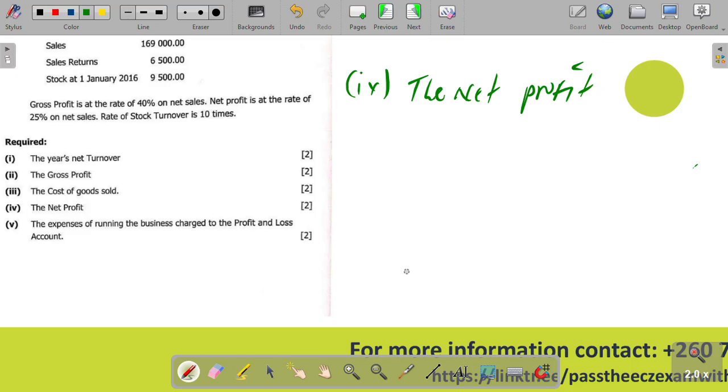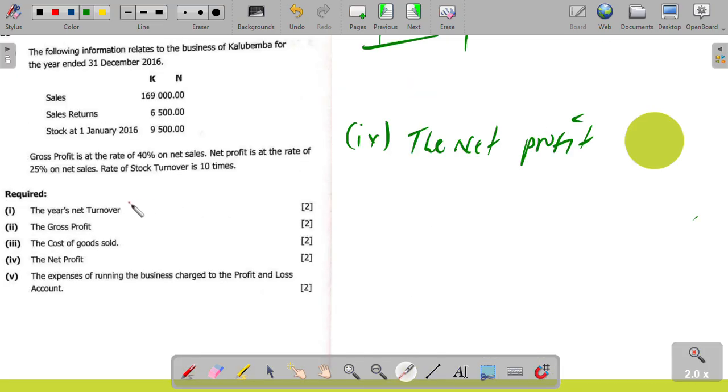We are told here that the net profit is at the rate of 25% on net sales, and our net sales is how much? 162,500. Okay, the one that we found in our first question, the net turnover. Net sales, net turnover, one and the same.